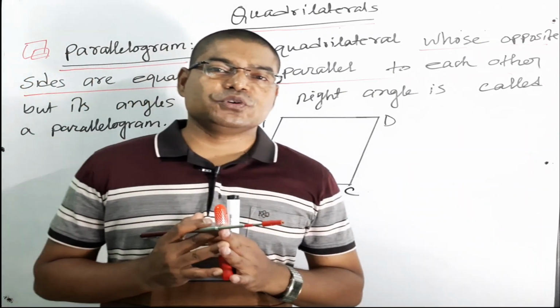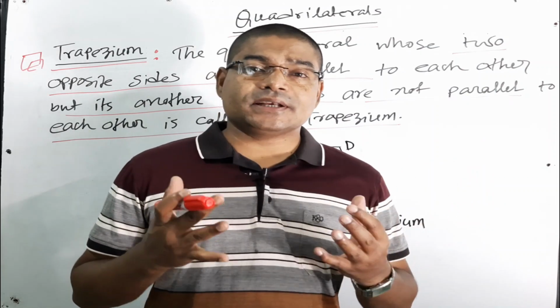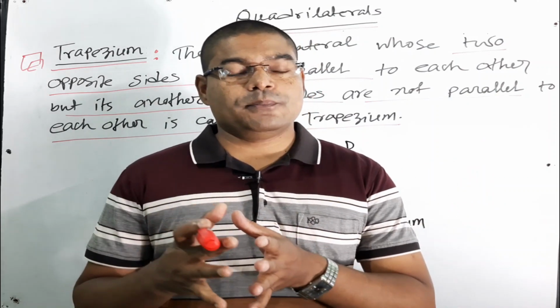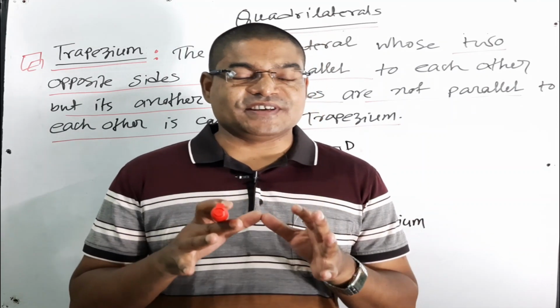Now we will have to know the definition of a trapezium. Already we have learned the definition of square and parallelogram. Now we have to know the definition of a trapezium.